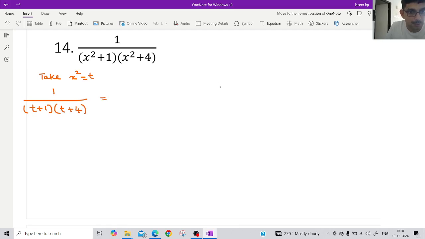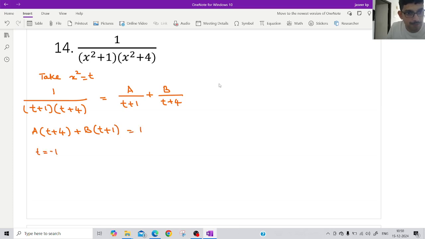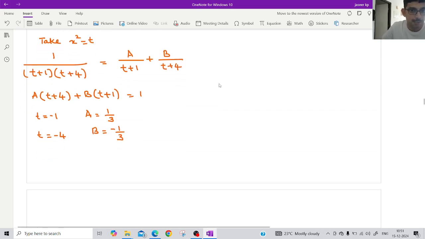So that means a by (t plus 1) plus b by (t plus 4). So if you take the LCM, it will become a into (t plus 4) plus b into (t plus 1) equal to 1. So t equals to minus 1, you'll get a equals to 1 by 3, and t equals to minus 4, b equals to minus 1 by 3.